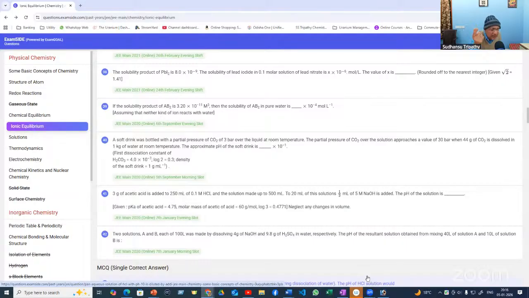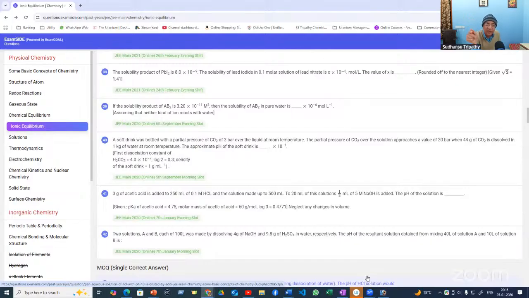Now 3 by 60, acetic acid is 60. So we have taken 1 by 20 mole of acetic acid into 250 milliliter solution. Whatever was the earlier volume 250, it was now made to 500. So now the volume is 500. Forget about 250.